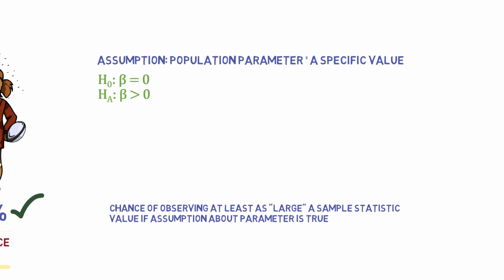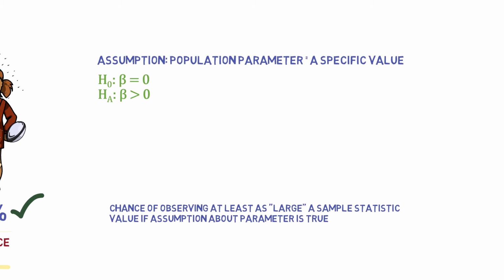And so in particular, we can think about calculating the probability that we would observe a test statistic at least as large as the one that we drew from our sample if the assumption about the population parameter is true. And for this, we use the fact that sample statistics have a probability distribution, and we can find exactly the probability of getting a statistic at least as large as the one that we did.